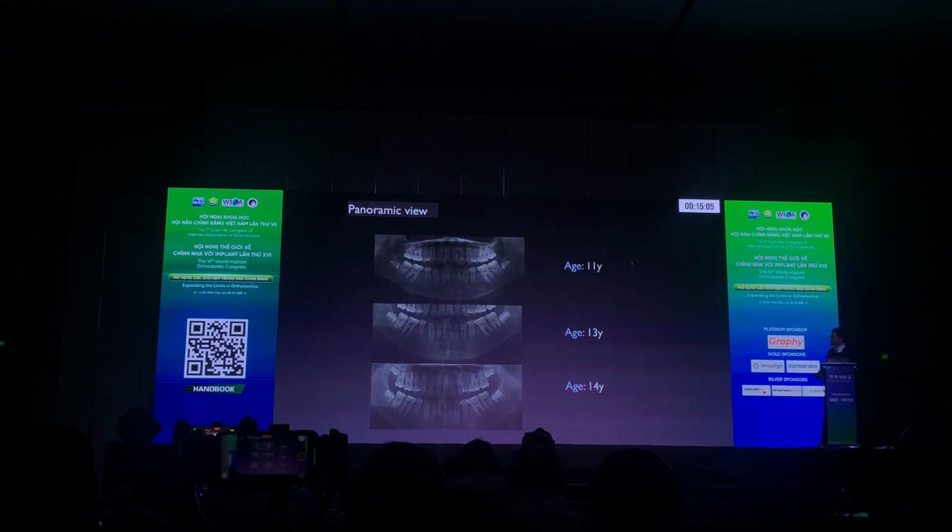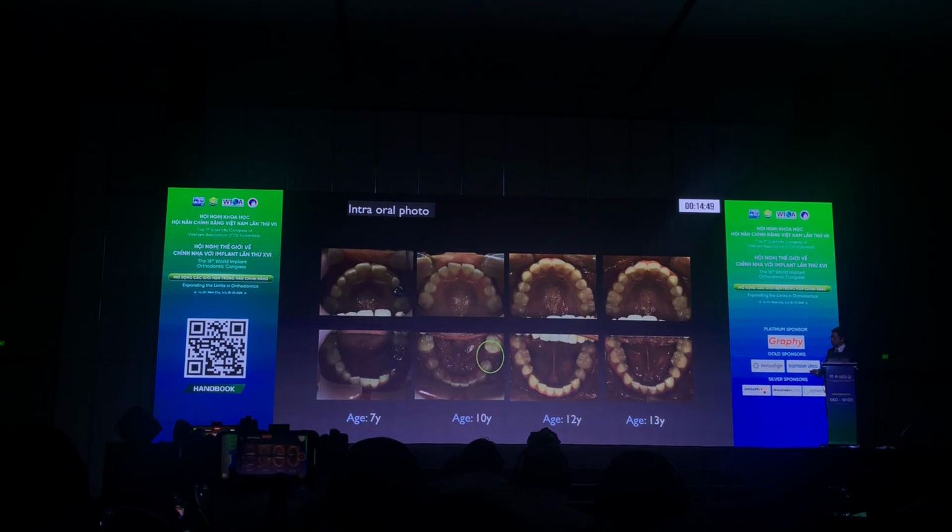And at 11, 13, 14, you know, the right side and left side are a little bit different. On the right side, the root axis is getting better, but on the left side, you can see only tipping. So we need additional treatment. Anyway, in this patient, the lower space closed automatically by early decision on the primary molar.